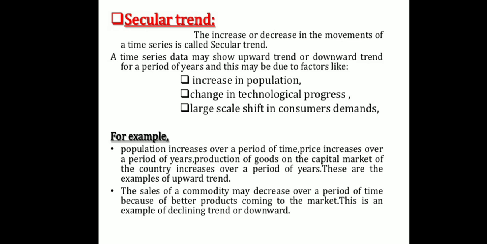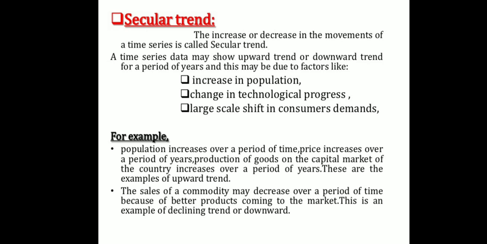So time series data may show an upward trend or downward trend for a period of years, and this may be due to factors like increase in the population, change in technological progress, and large scale shift in consumer demand. For example, when population increases over a period of time, what happens? Price increases normally because demand increases over a period of years.